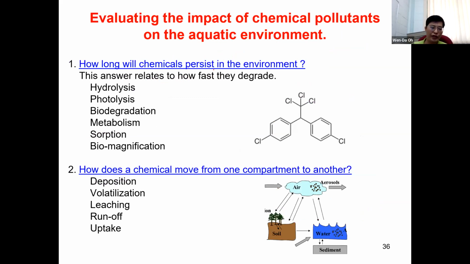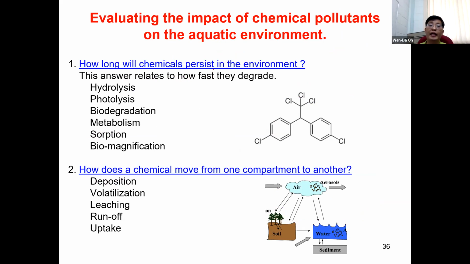So there are several questions that we must ask when we want to look into the impact of a chemical pollutant in the environment. One example would be, how long will the chemical persist in the environment? Okay. How long will it stay? Right? Will it be very stable and be in the environment for 100 years? Right? This is one of the questions that we must know.